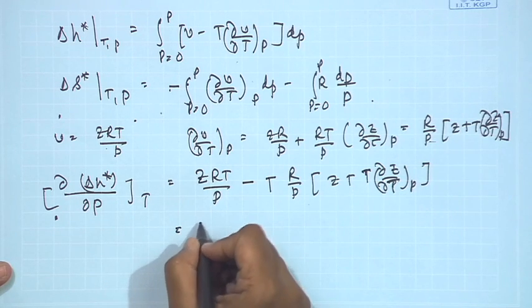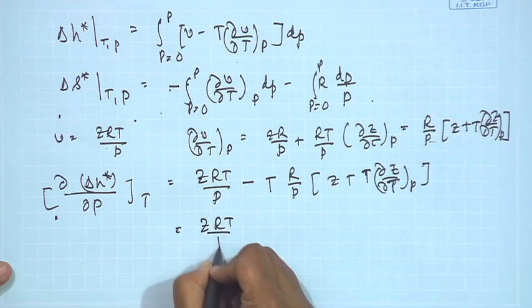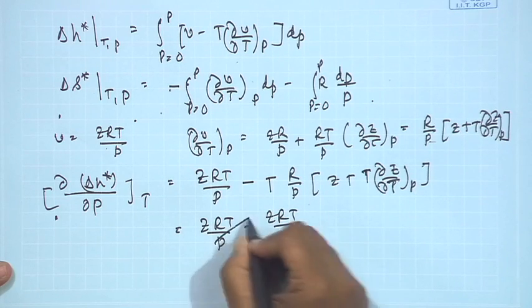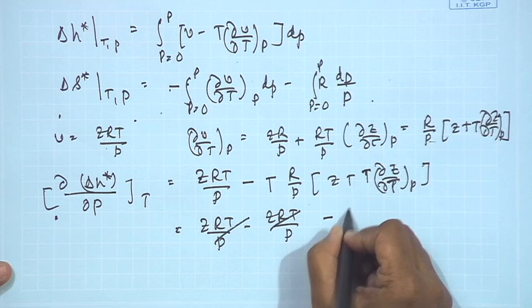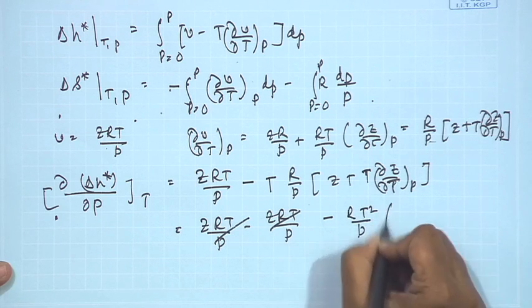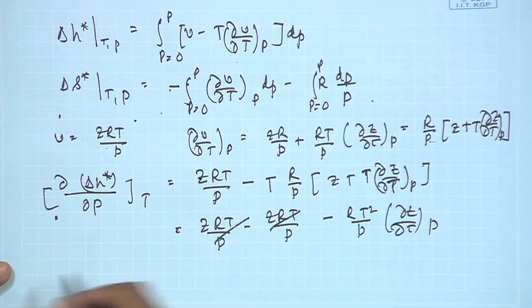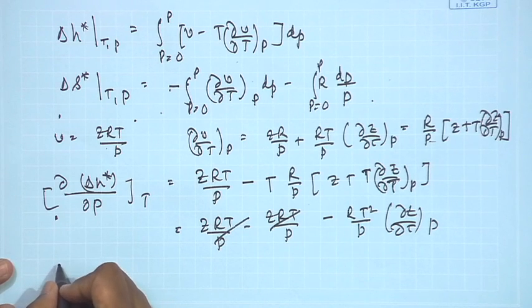Or in other words, this reduces to ZRT by P minus this term is also ZRT by P minus RT square by P del Z del T at constant P.